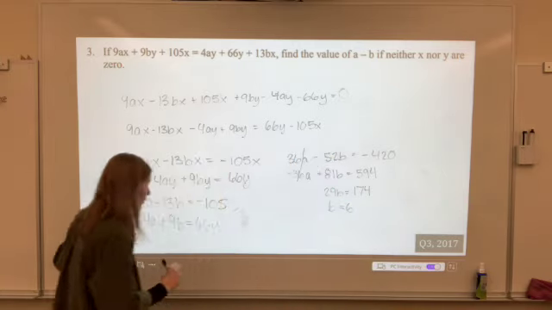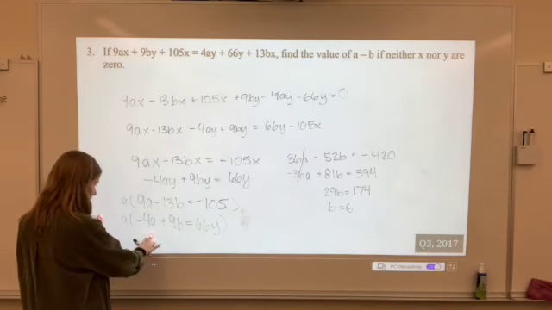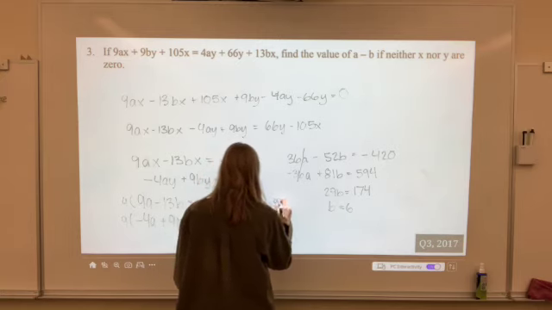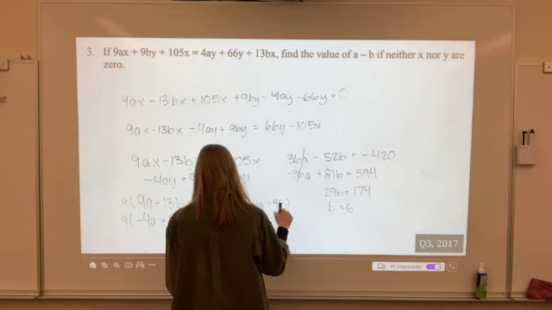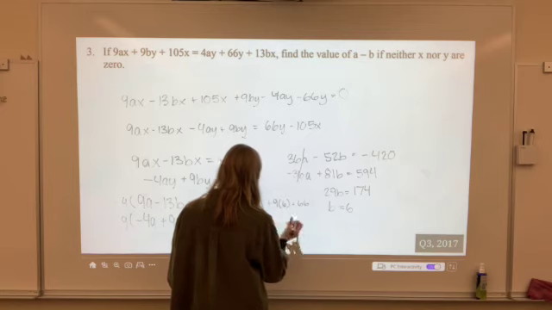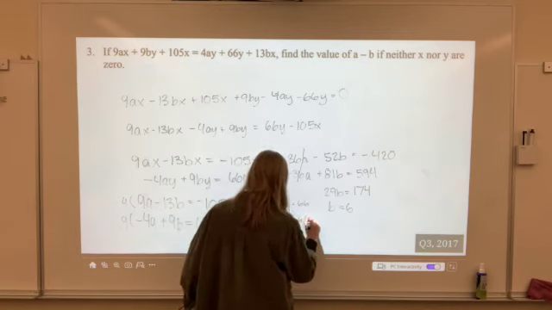Okay, let's choose an equation, plug 6 in for b, and solve for a. We have negative 4a plus 9 times b, or 6, is equal to 66. So negative 4a plus 54 is equal to 66.